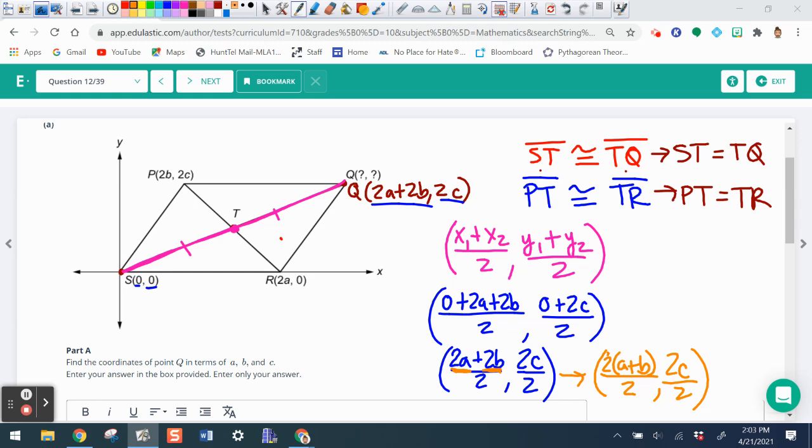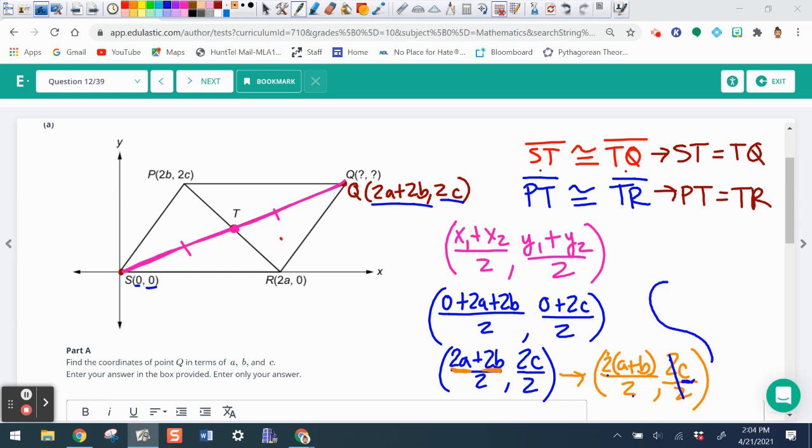Well, on this right-hand side, it might be a little more obvious to see that 2c divided by 2, the 2's can actually divide and become the number 1, or we call that cancel. So all that we're left with is c, or 1c. Well, in the same fashion, and this is why algebra is so cool, the 2's here can also divide by each other in the same way that they did on this y coordinate, and 2 divided by 2 becomes 1, so all we're left with is a plus b.